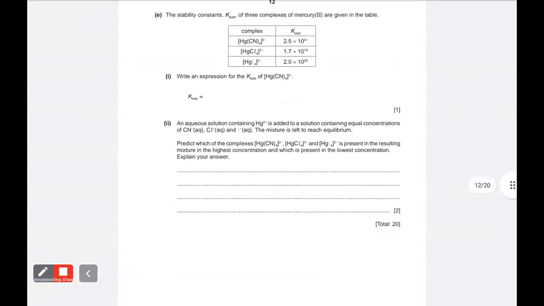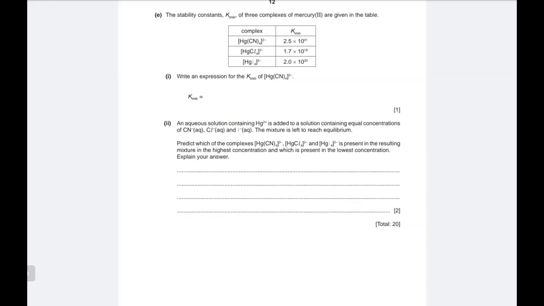An aqueous solution containing Hg2+ is added to a solution containing equal concentrations of cyanide. The one with the highest K stability will form more easily. It is more stable. The one with the least K stability will form in the least concentration.